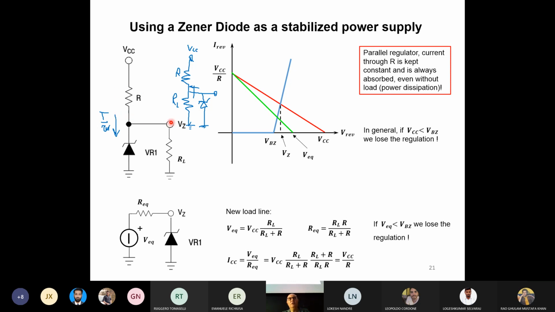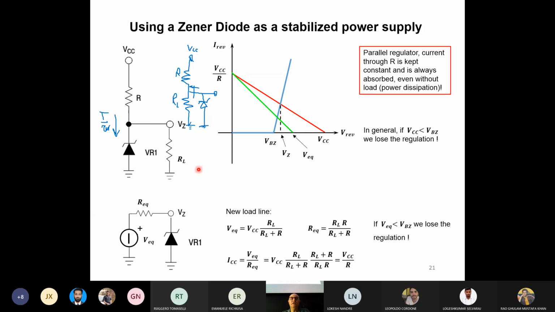If you want a very stable output voltage, the current through this resistor must be kept constant. This means that if you have no load, all the current will go through the Zener diode. If we have a load, a part of this current will move to the load, a part to the Zener diode, but the total current will remain the same. The current flowing through here will remain the same.